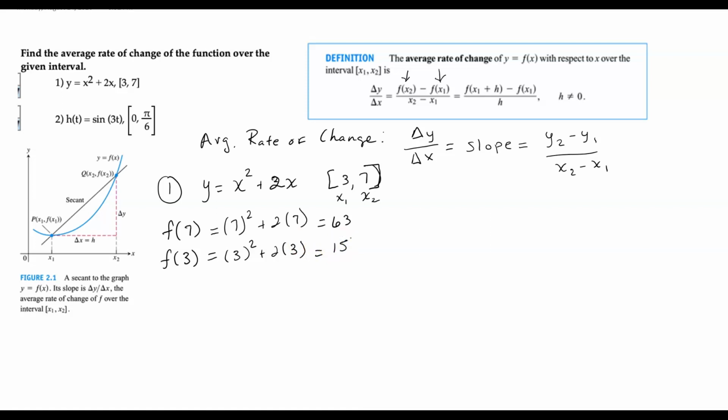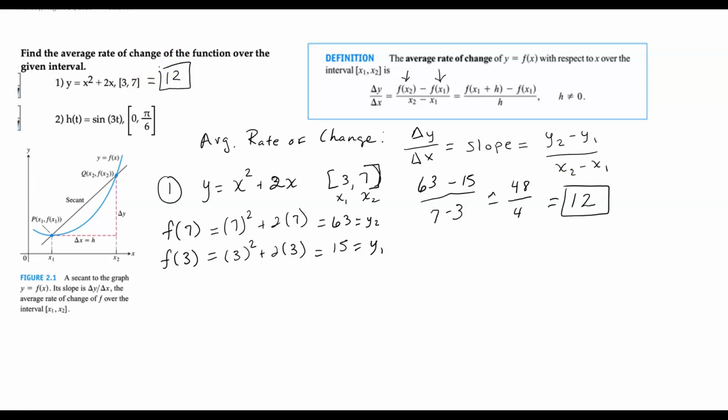Okay, so I'm going to have here, this right here is my y2, and this right here is my y1, 63 minus 15 over 7 minus 3, so that's going to be 48 divided by 4, which is 12. So my answer for the first problem here is 12. That's my average rate of change, my slope, if you will.